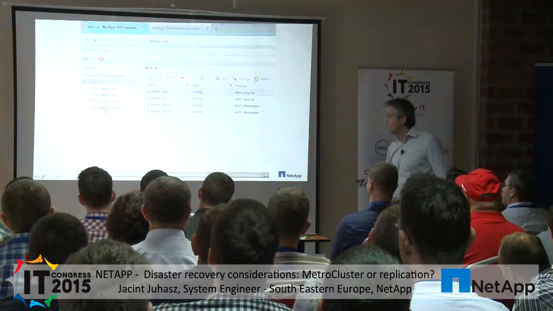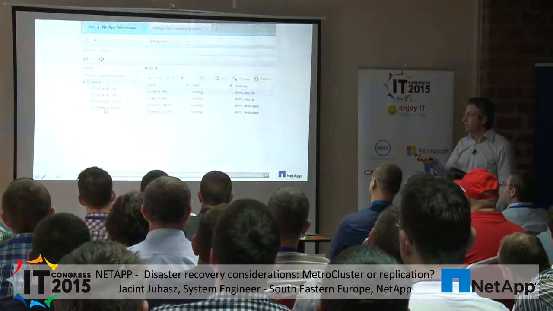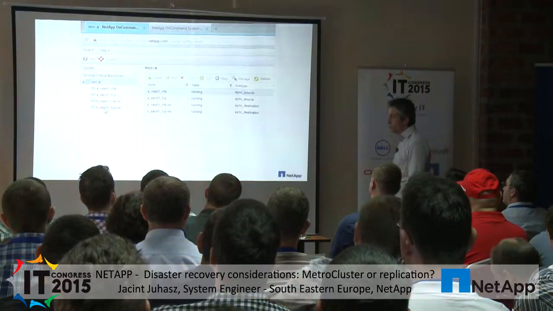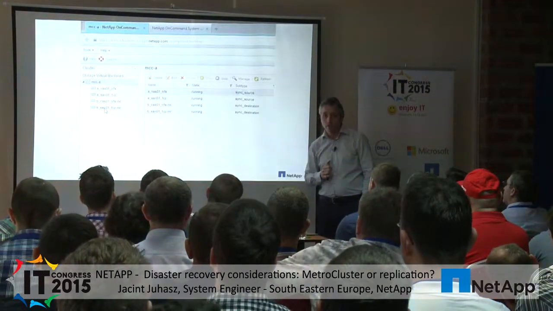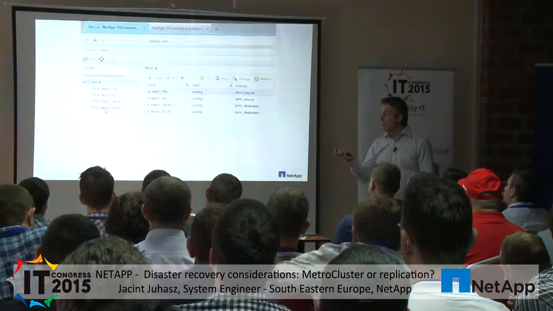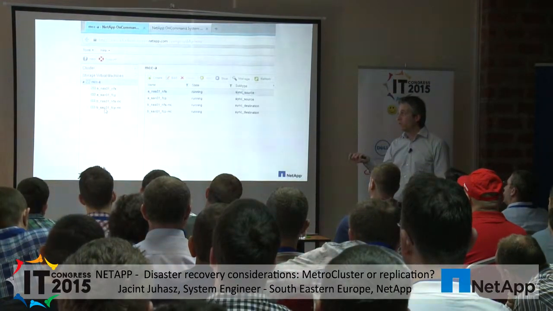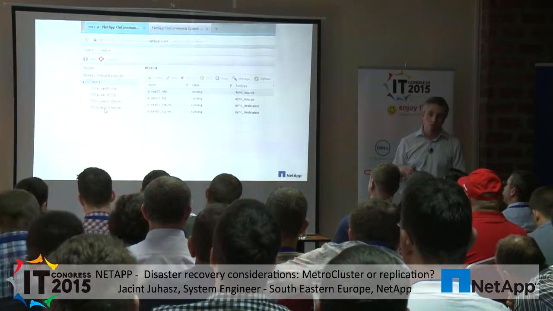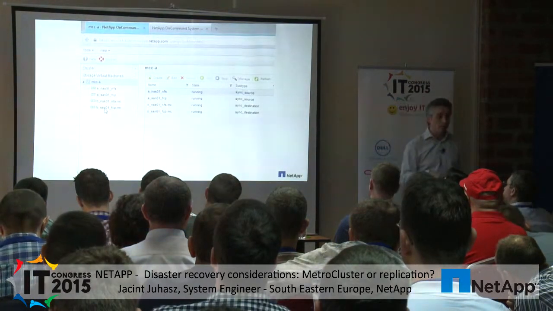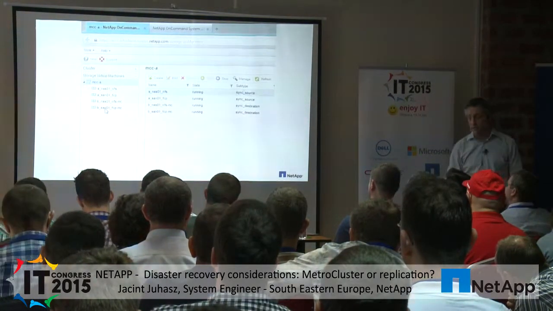If you look at the storage virtual machines, it's still the same 4 storage virtual machines as it was. The important difference here is that now all of the 4 storage virtual machines run on the site which is surviving the disaster.